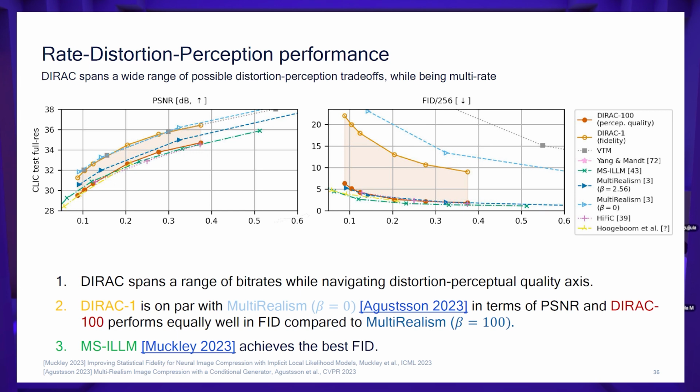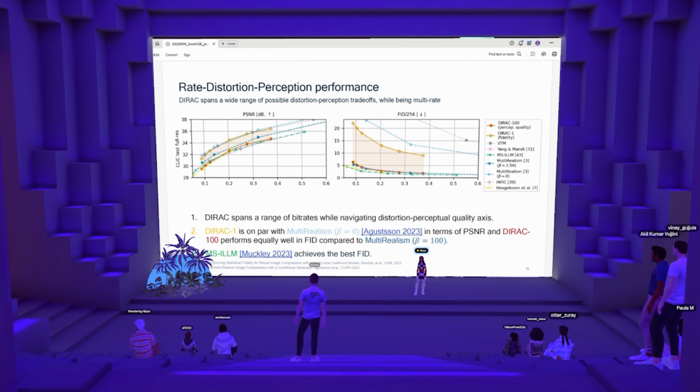What FID measures essentially is how close two distributions are. In our case, we have a test data, which is click test full res. It's a bunch of images, which I think are around 400 odd images, which are very high resolution.